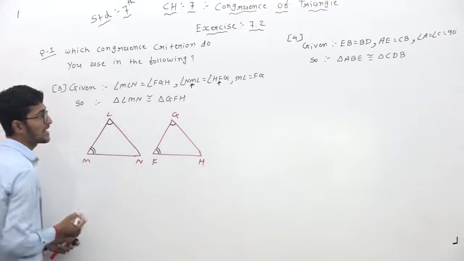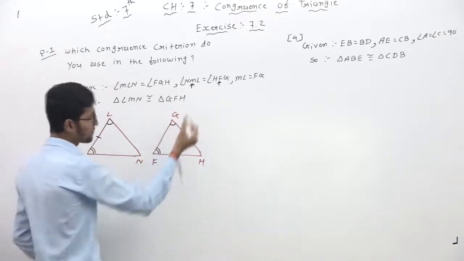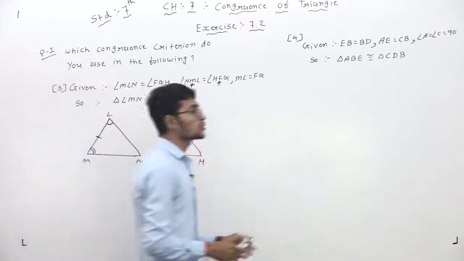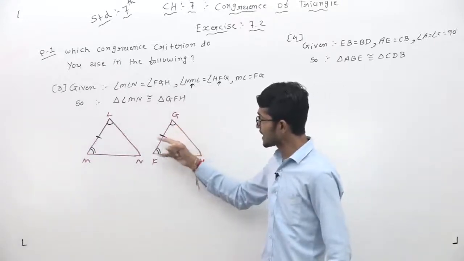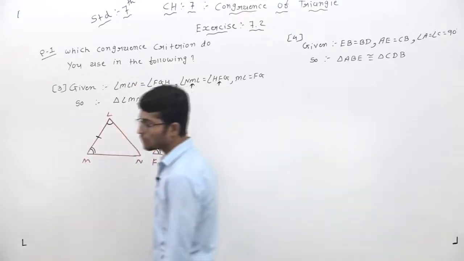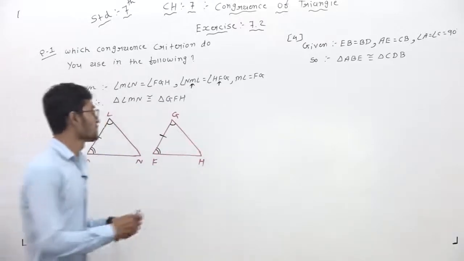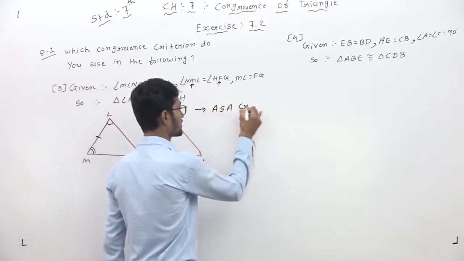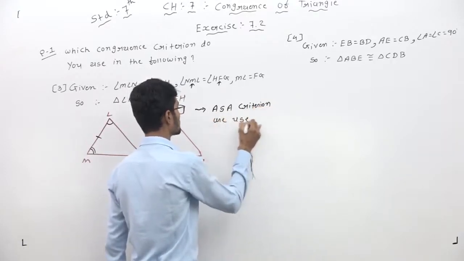ML means this one, FG means this one. So dear students, what is used? Here two angles and one side are used. Check that: these two angles and one side, same here two angles and one side. So two angles and one side, which type of criteria is it? Two angles and one side means ASA. ASA criteria are used.